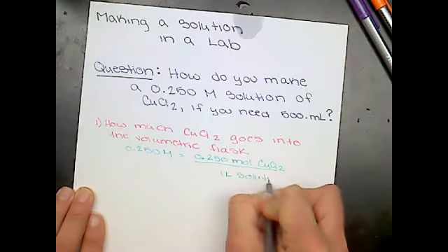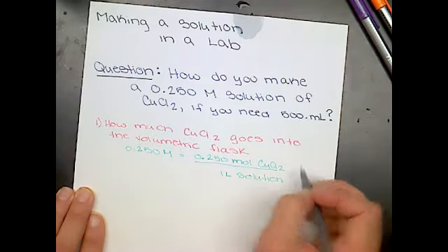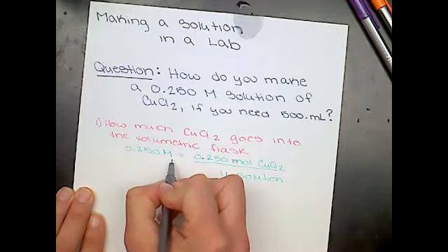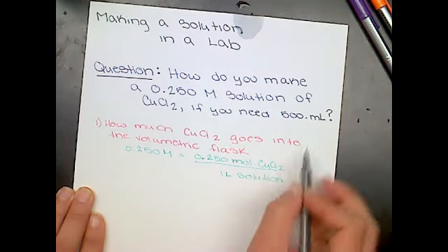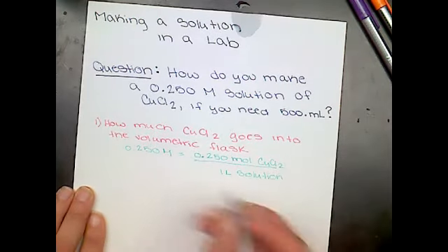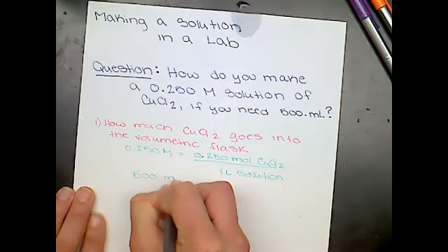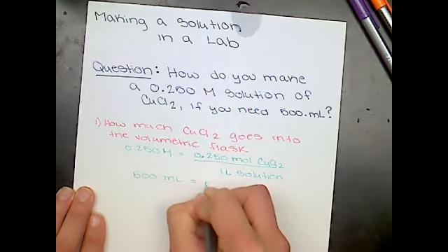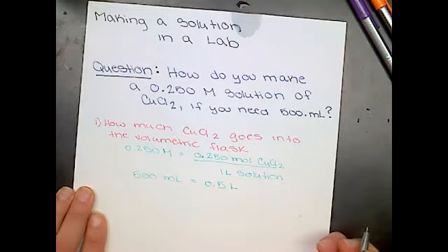Notice that I'm able to create a conversion factor, breaking apart this. Again, molarity has units of moles of your substance over a liter. Now we have 500 milliliters, and 500 milliliters equals 0.5 liters. That's just quickly converting milliliters into liters.